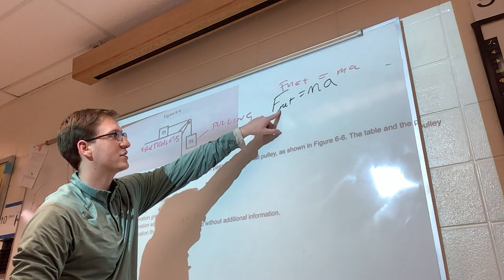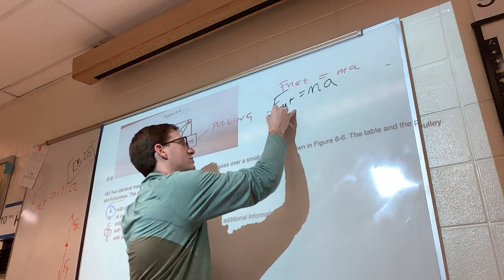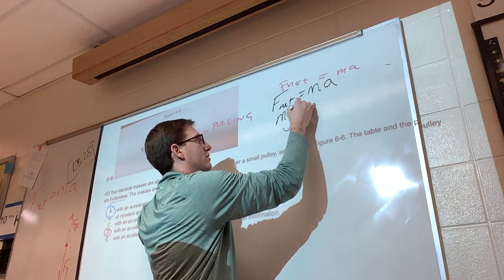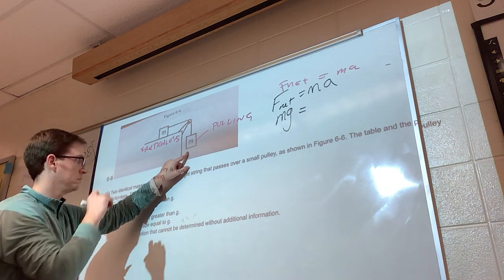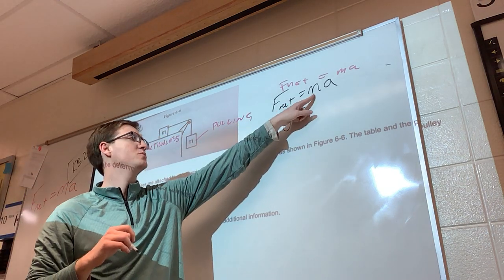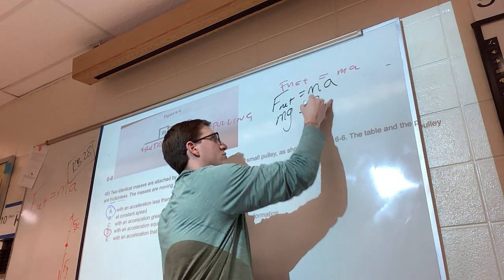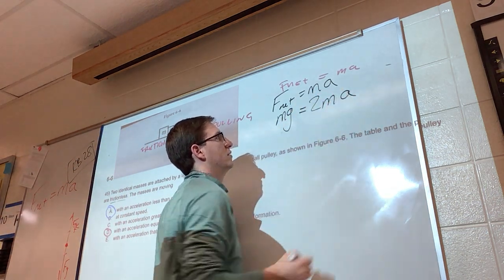Alright, so the thing that's actually pulling is just this one box. It's the force of gravity on that one box, so it's the m and the g. But the stuff that it's responsible to pull is both of these, so 2m.